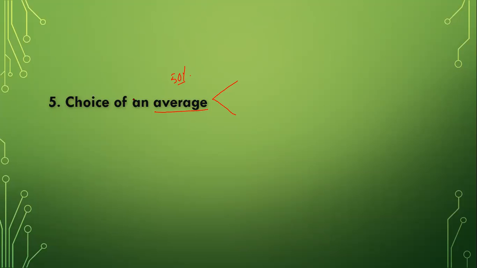Especially in index numbers, they take the arithmetic mean or the geometric mean. The arithmetic mean is the simplest method to calculate. Why simple? Because we just add and divide by the number of items or the number of years. Whereas the geometric mean will give the exact relative change that is happening in the index number.